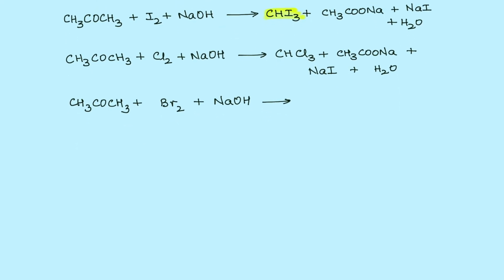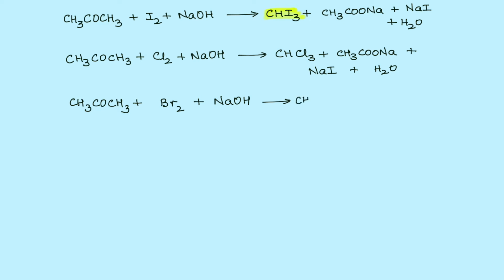Now, similarly, if I react it with chlorine, I'll get chloroform, the sodium salt, sodium chloride and water. Similarly, can you complete the reaction? The last one, I have left it blank for you. Please try and complete it. I hope you are writing the answer. Go ahead.